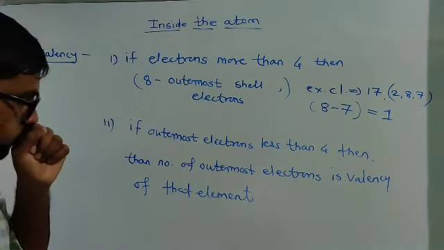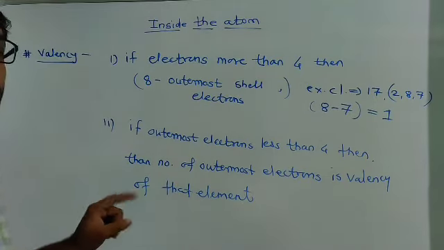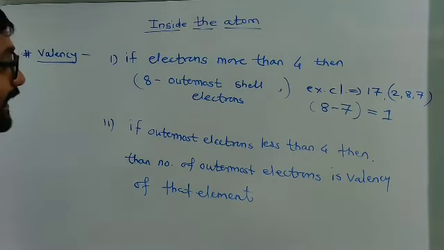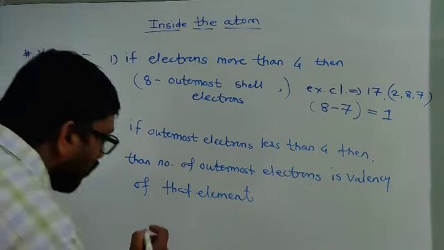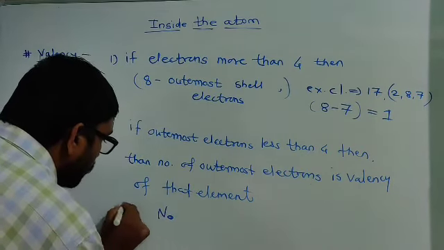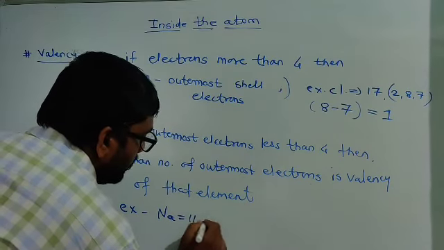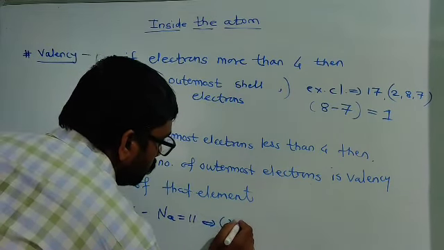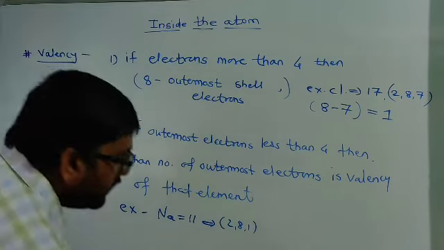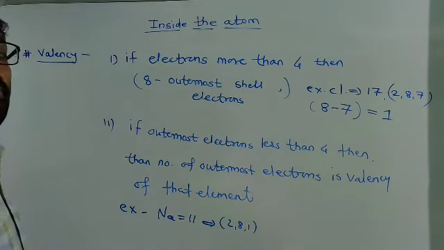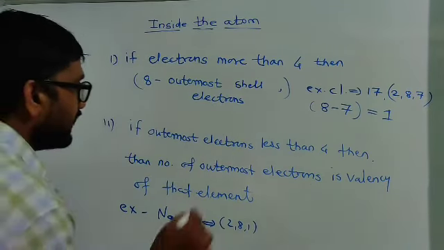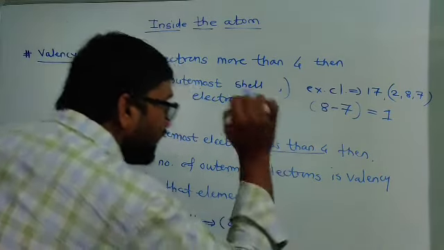If the outermost electrons are less than 4, then what do we have to do? Just observe. Look at sodium. Example: total 11 electrons, electronic configuration is 2, 8, 1. Look here, in the outermost shell, only 1 electron is there, which is less than 4.